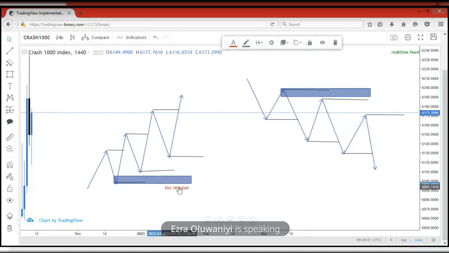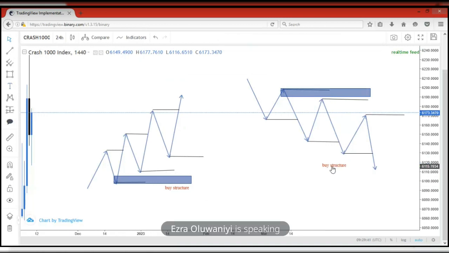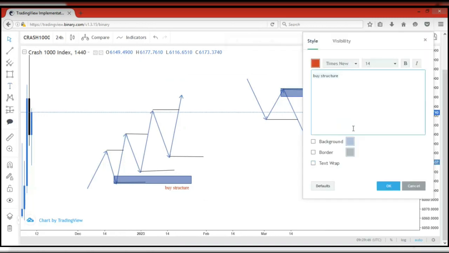The other one is a sell structure. This is a sell structure. Sorry, the network this morning is somehow, so just bear with me. Sell structure. So that's what I have on this.